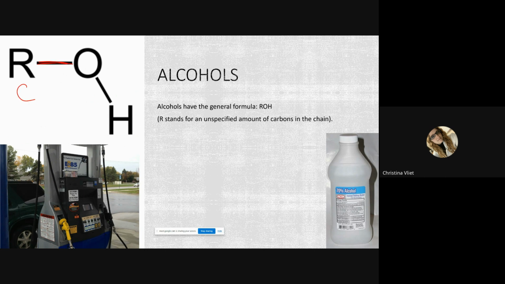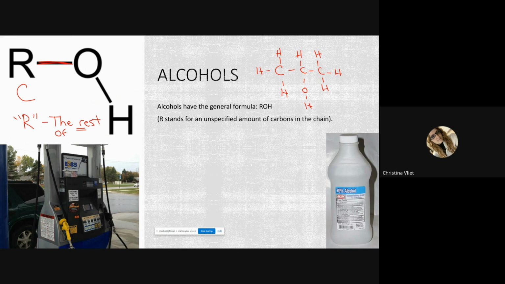Whenever you see R in chemistry, and this is the same for biology as well, this just means the rest of the molecule. So the R stands for the rest of the molecule. Meaning that if I have this, is this an alcohol?